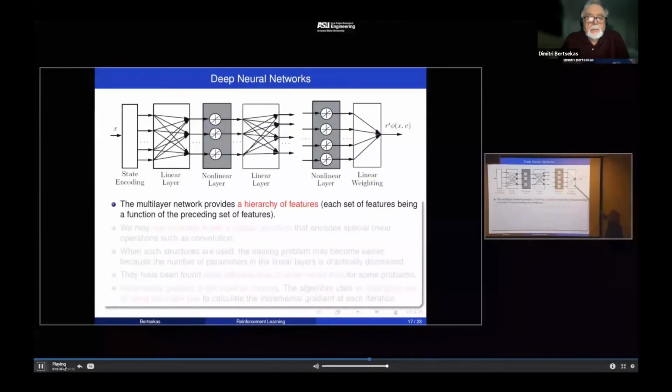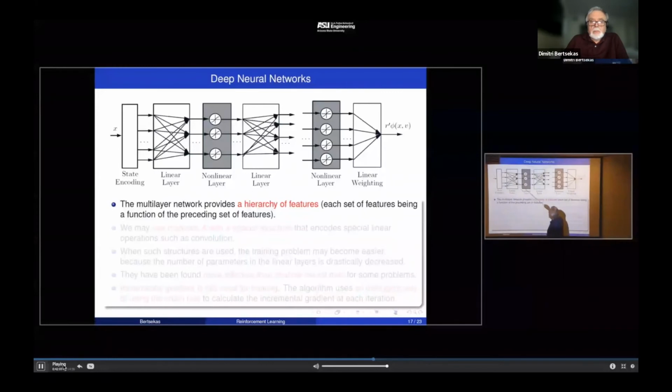Now, in recent years, there's been a lot of discussion about deep neural networks, because deep neural networks have achieved great success in certain domains. For some problems, they have worked very well. And what is a deep neural network? It's just a shallow neural network replicated many times. Okay, so we have X. It goes through a state encoding layer, and goes through a linear layer, and then through a nonlinear layer.